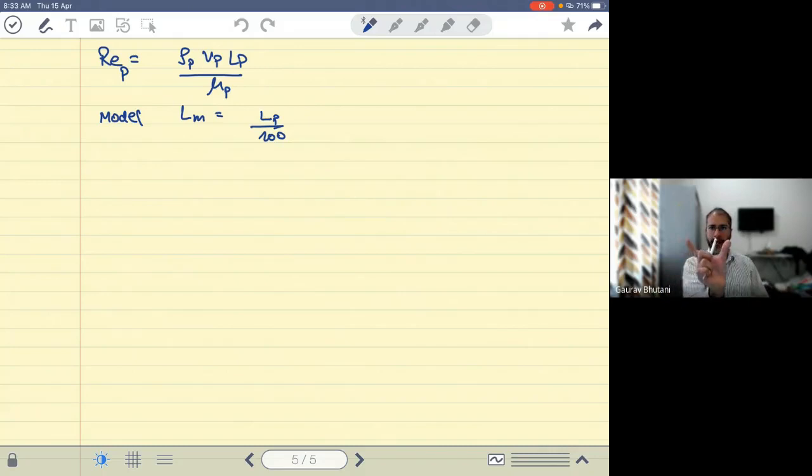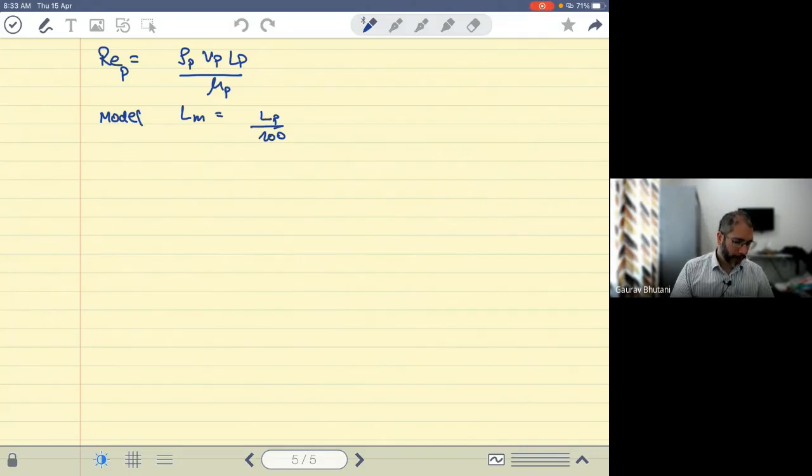And that's quite reasonable. Making a 5 centimeter wing using some sort of 3D printing is quite reasonable. So you want to choose a model which is 1/100th of the actual prototype size in this case.